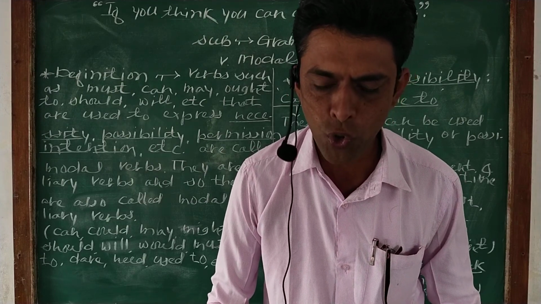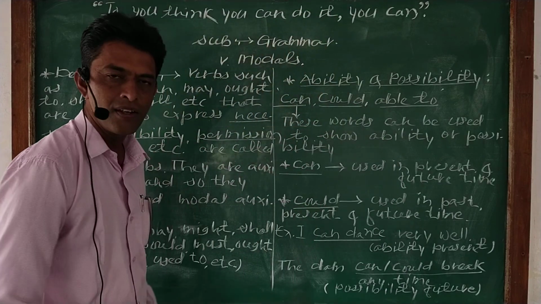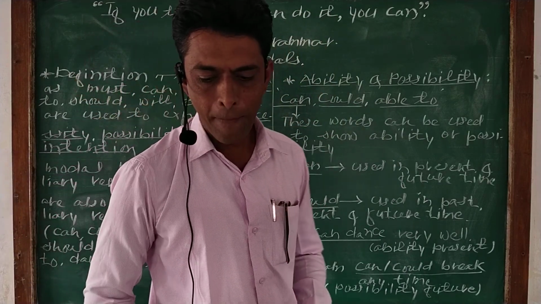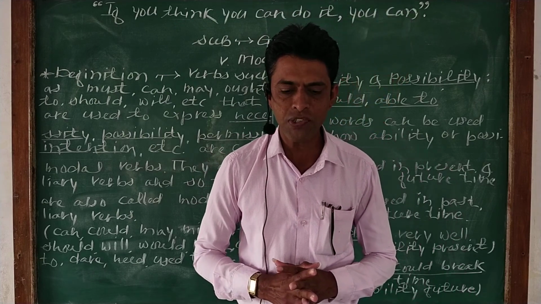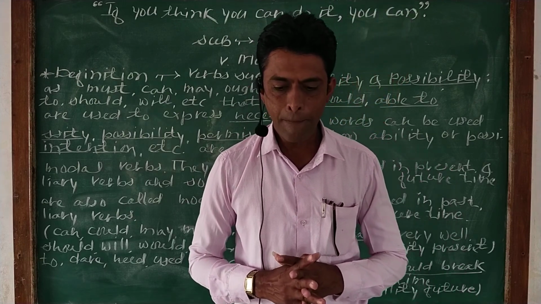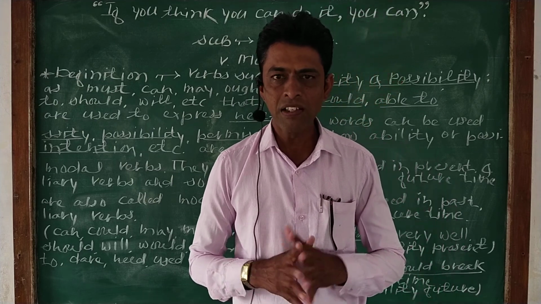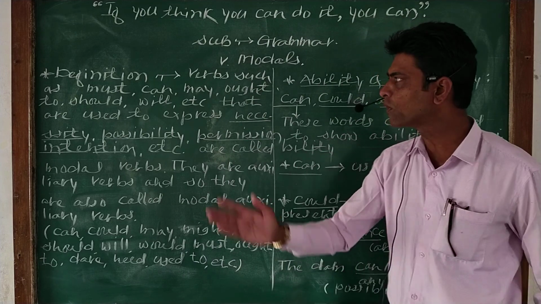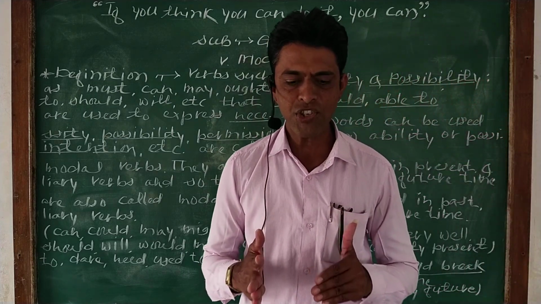They are used to show ability, possibility, to give or seek permission, make suggestions, give advice, make polite requests, wishes, promises, etc. These are the various functions of modals in English, right?